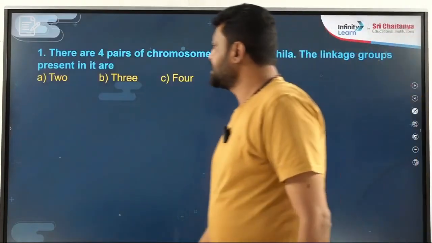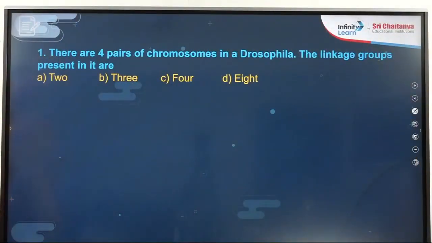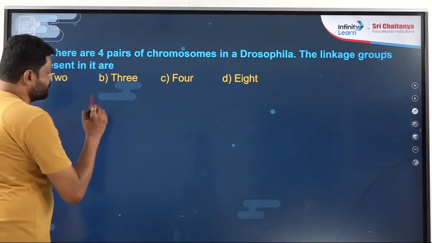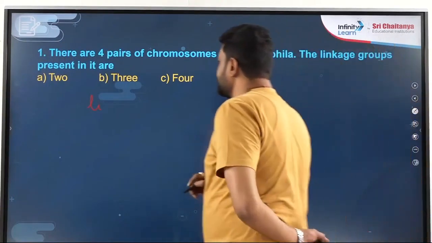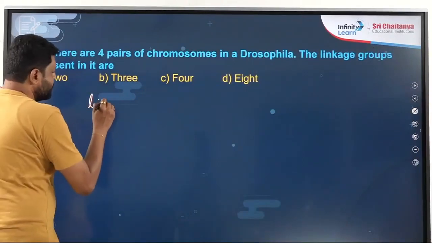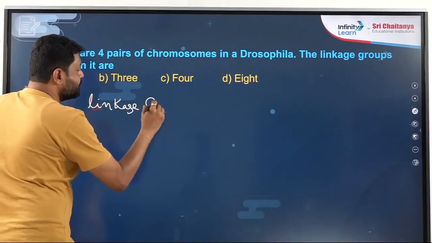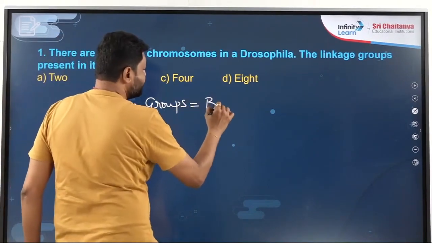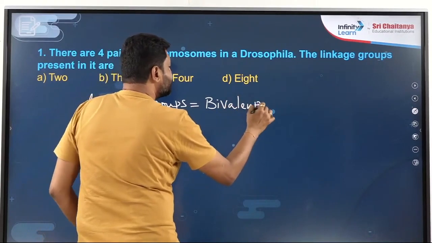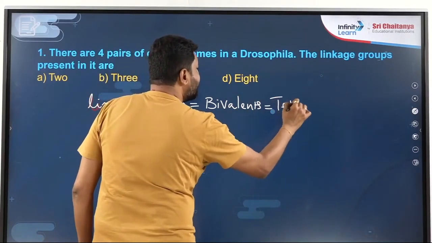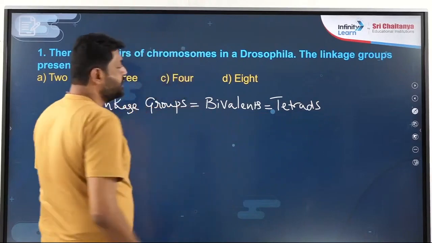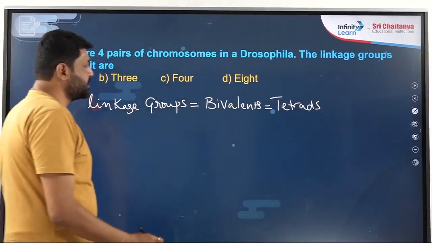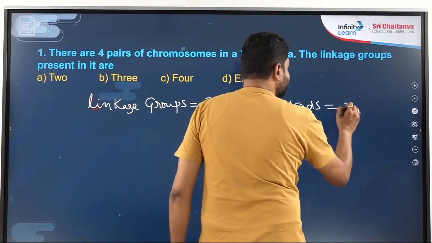So let us have some numericals here. If there are 4 pairs of chromosomes in Drosophila, the number of linkage groups present is? So this is one important question. Linkage groups is equal to bivalents, is equal to pachytene tetrads, zygotene bivalents, is equal to n.